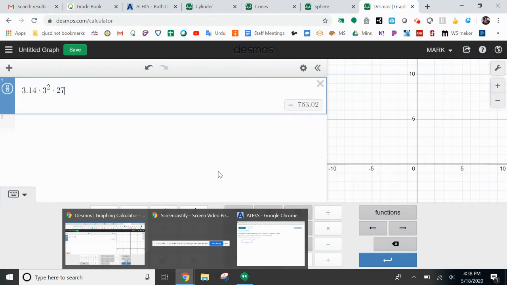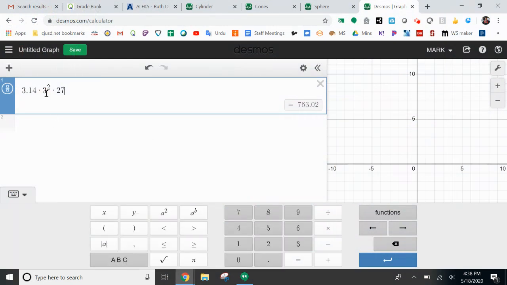Yep. So now I have 3.14 times 3 squared times 27. And it gives me my answer here. It has a little equal sign and my answer.